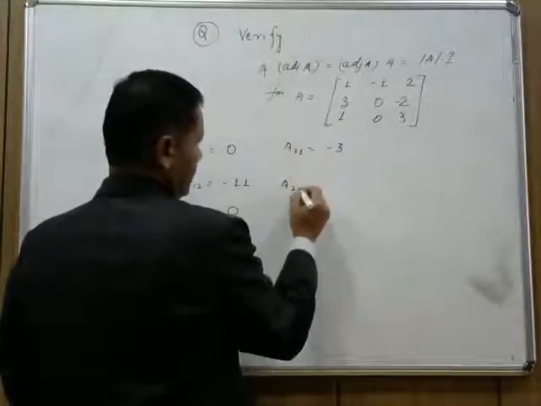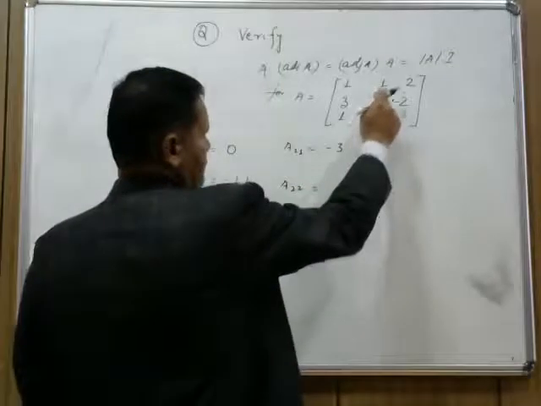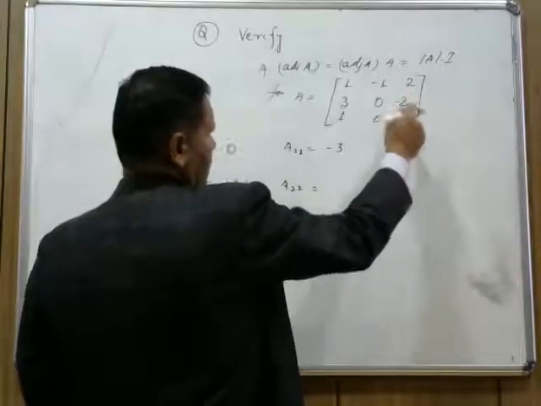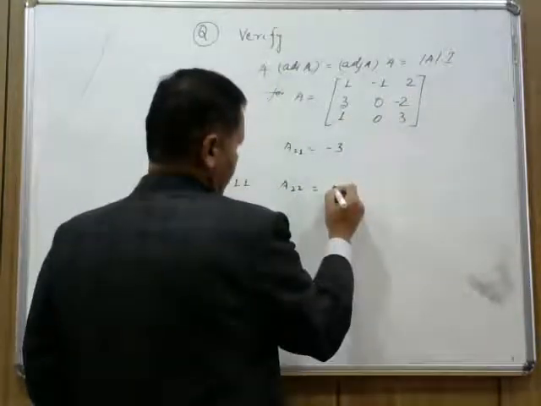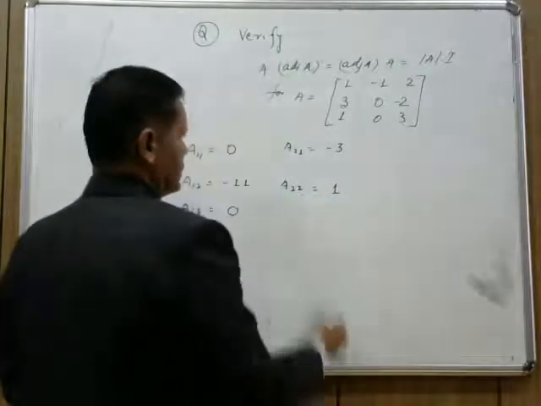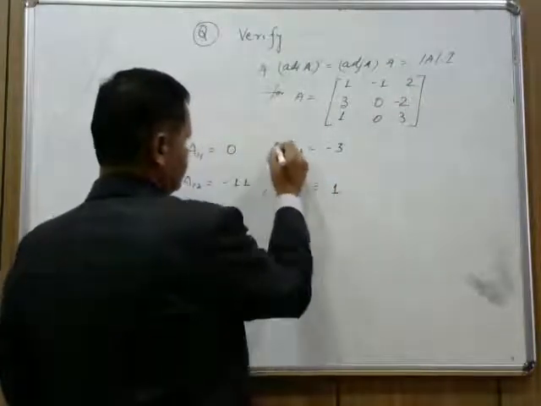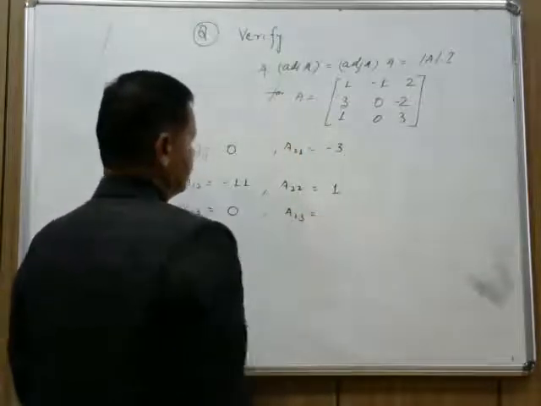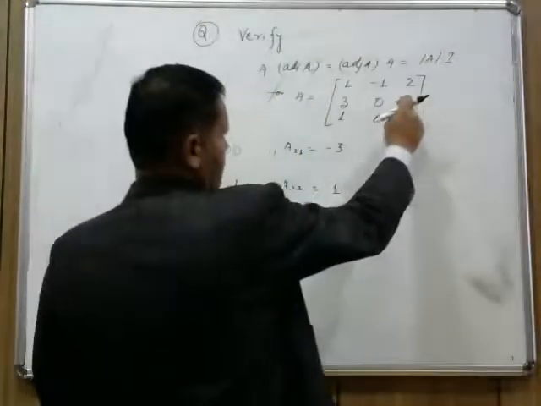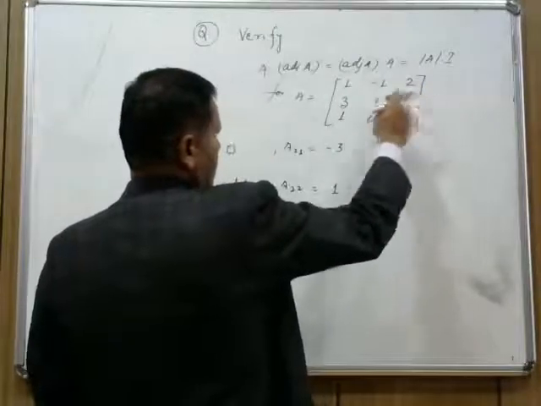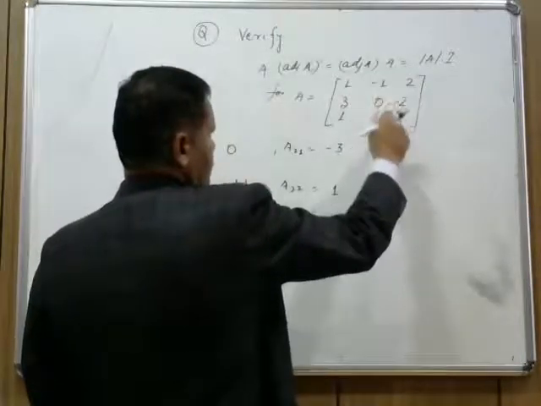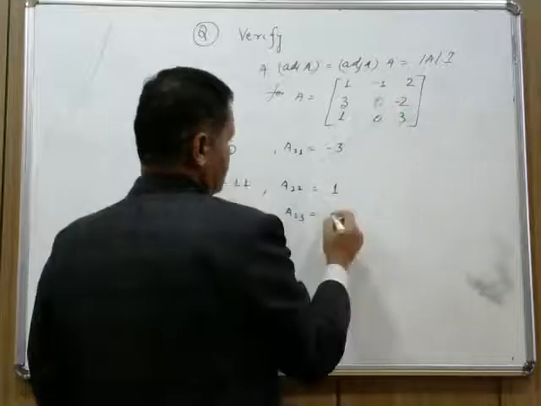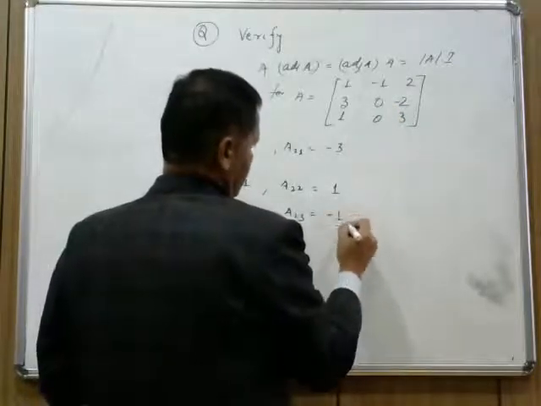Now A22 is 3 minus 2, which is 1. Now A23: this row and this column are gone. Now 1 into 0 and minus 1 becomes plus 1, and now it becomes minus 1.